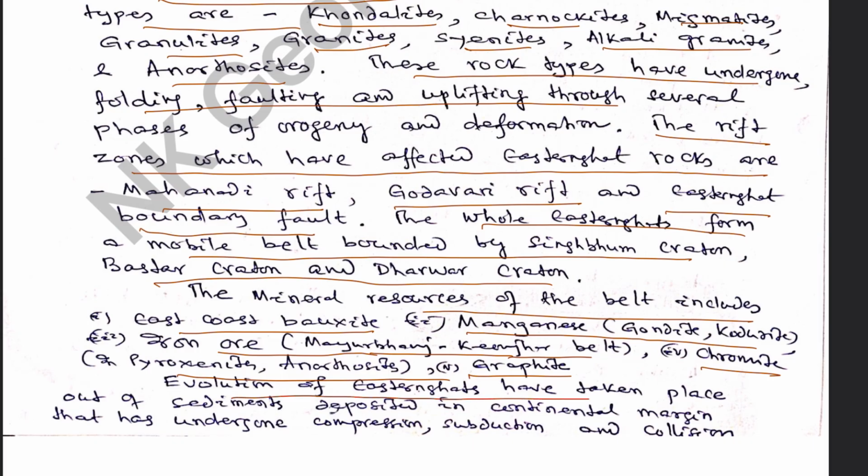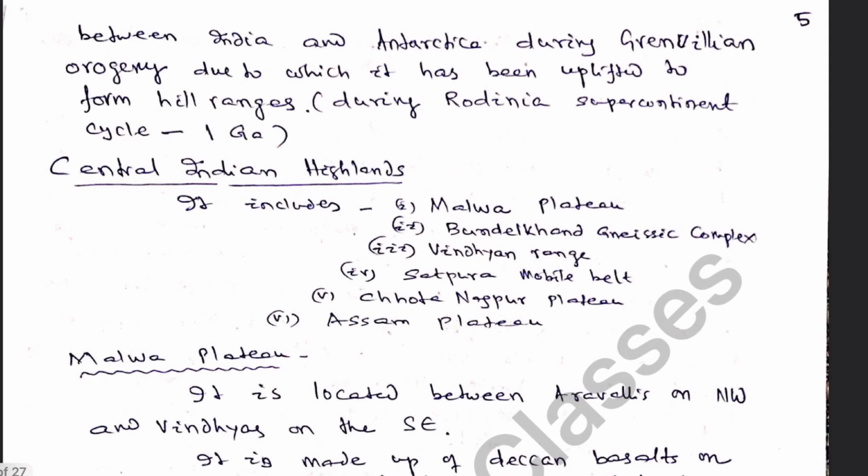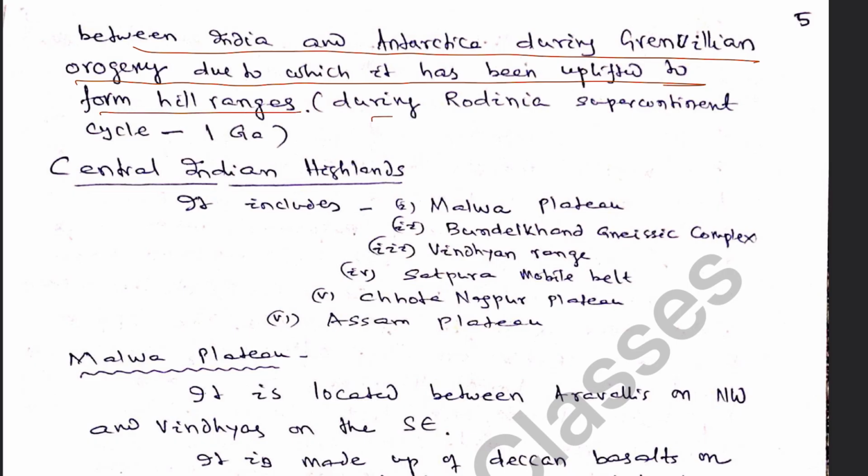The evolution of these rocks has taken place out of sediments deposited in a continental margin that has undergone compression, subduction and collision between India and Antarctica during the Grenvillian orogeny, due to which it has been uplifted to form hill ranges during the Rodinia supercontinent cycle about 1 billion years ago.